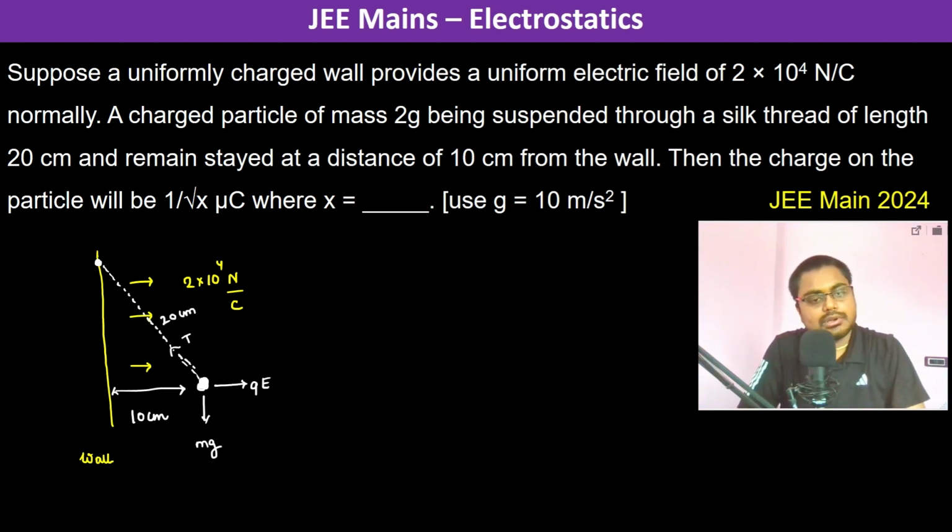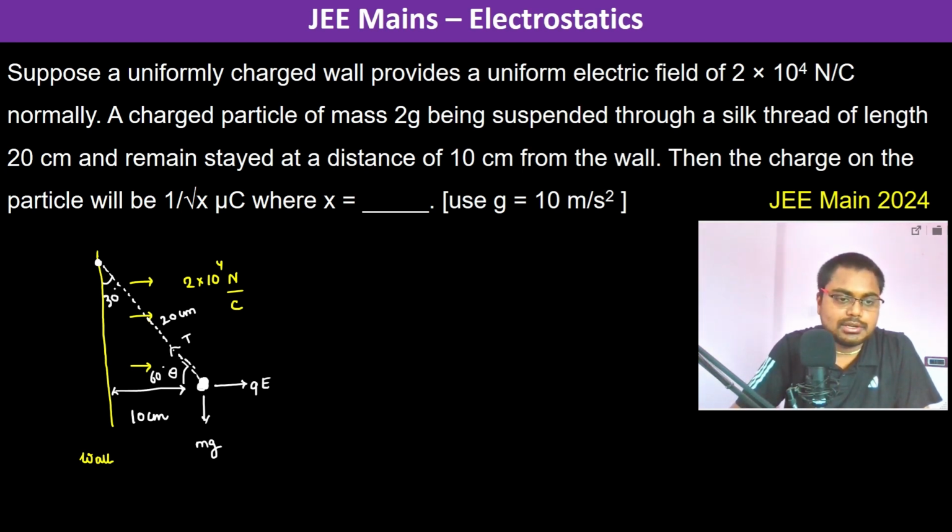So therefore we can see that cos theta is 10 divided by 20, which is 1 by 2. So therefore this is going to be 60 degree and this is going to be 30 degree.